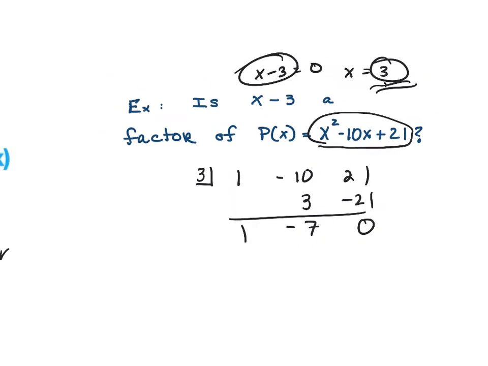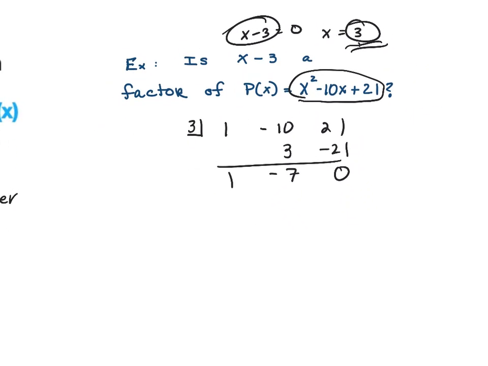Yes, it is. X minus 3, that's what I just divided by putting a 3 in the box, is a factor of x squared minus 10x plus 21. Not only that, but when we did this division, we started with x squared, so now this is 1 times x to the first, just minus 7, or x minus 7. We just factored the polynomial.